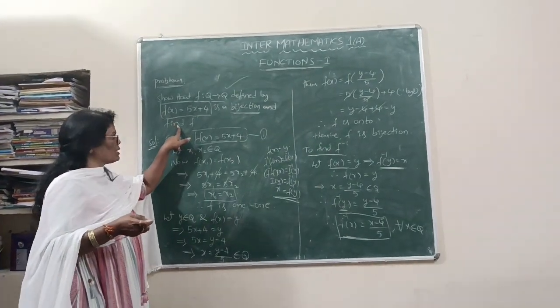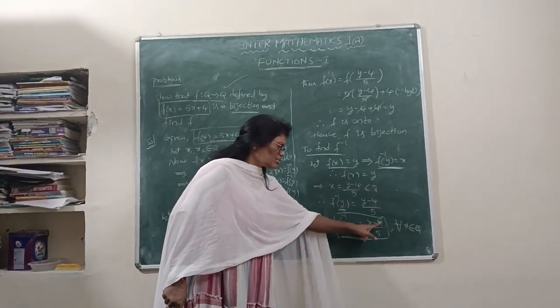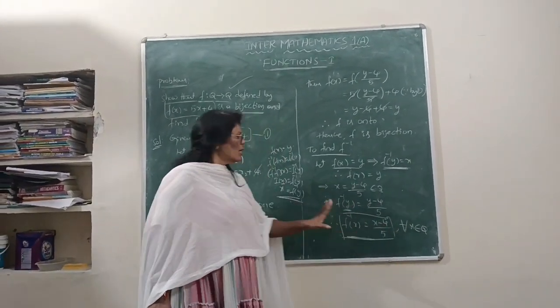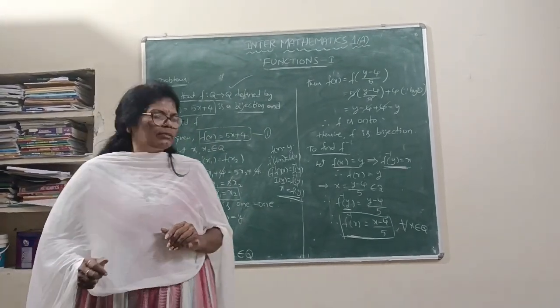The second part was to find f inverse, so f inverse of x is x minus 4 by 5. This is the required solution. Okay, thank you.